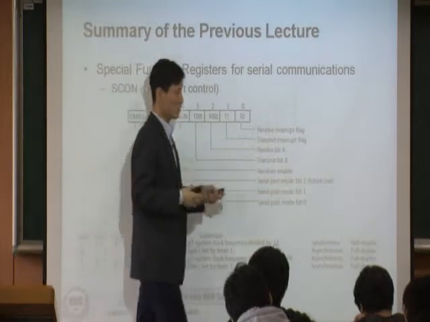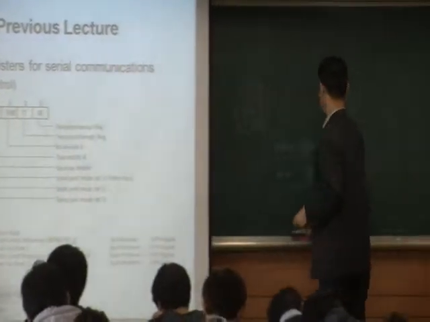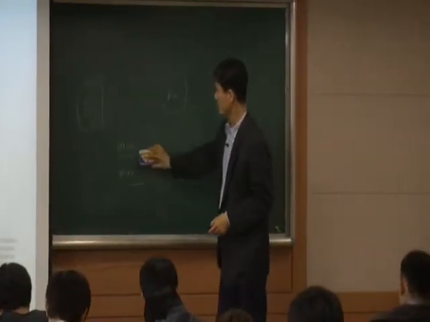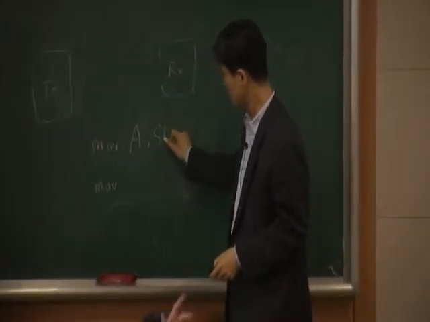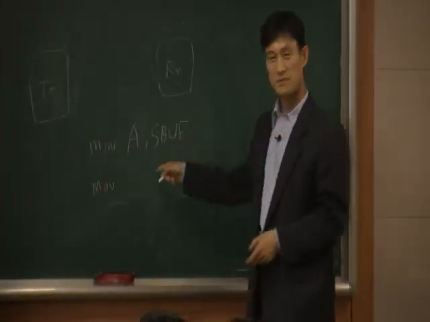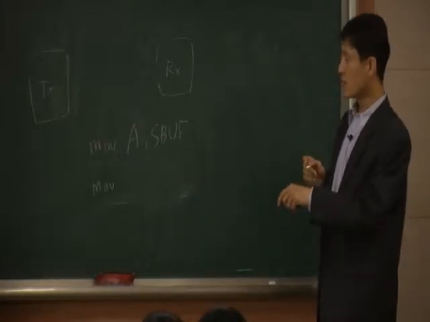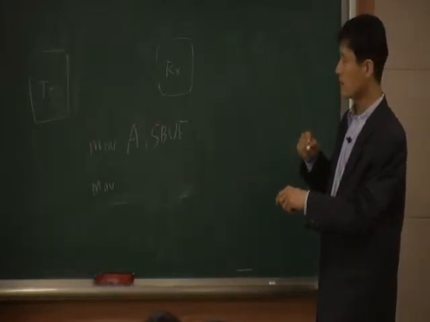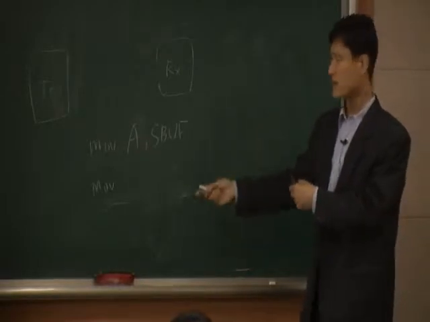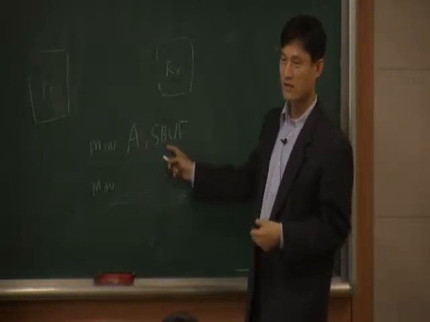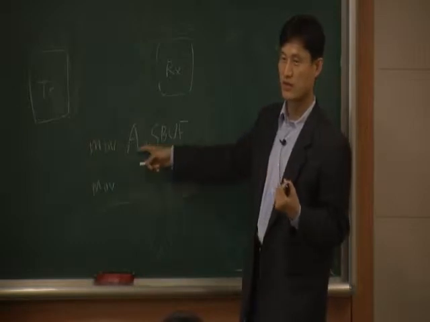But how can you read it? Basically the same way. You can simply read it this way: you are copying the value in the SBUF into the accumulator. Because I have a value in SBUF, and I copy this value into my accumulator.